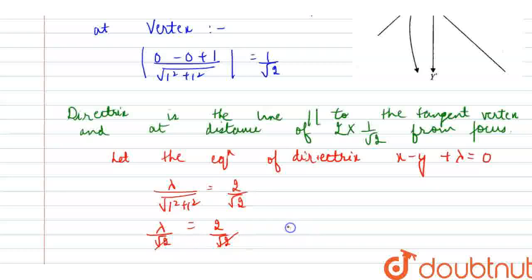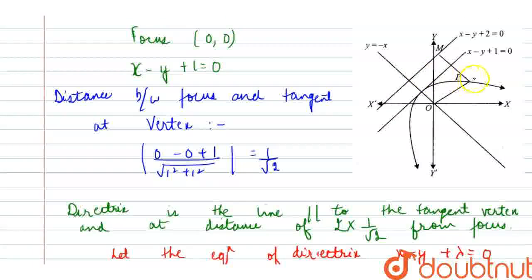This cancels with this and we are left with lambda equal to 2. Now let us assume in the diagram that the point P having coordinates (x, y) is a moving point on the parabola. So we can say that OP is equal to PM.